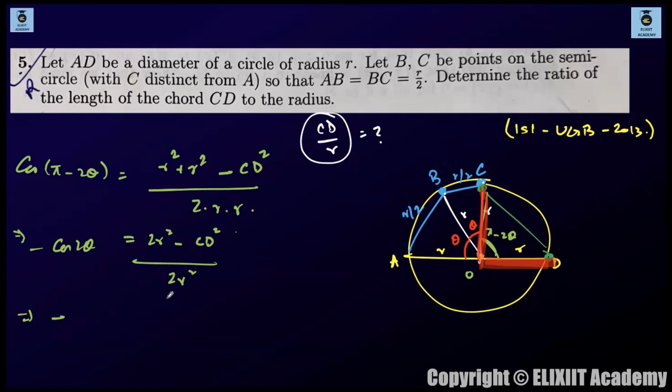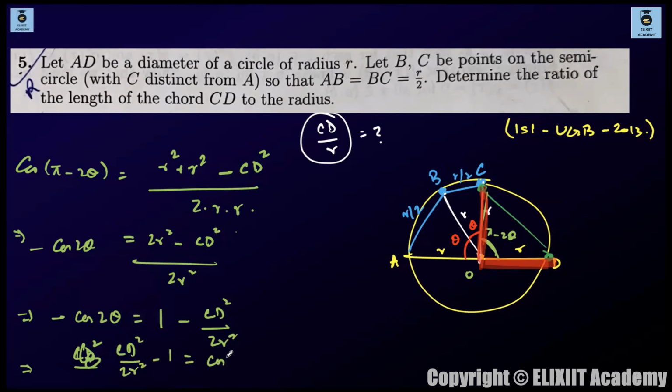That is our original target, CD by R. So minus cos 2 theta is 2R square by 2R square, which is 1, minus CD square by 2R square. Let's multiply by the minus and remove the minus from the cos 2 theta part. So we are left with CD square upon 2R square minus 1 is equal to cos of 2 theta.